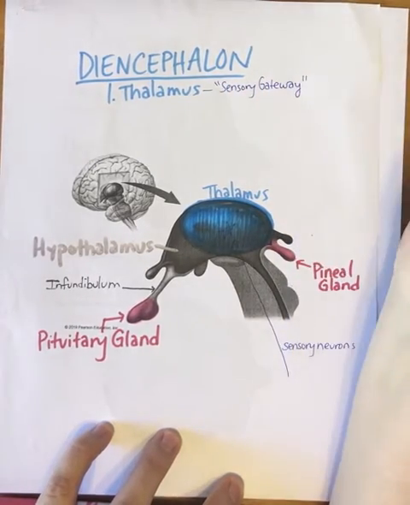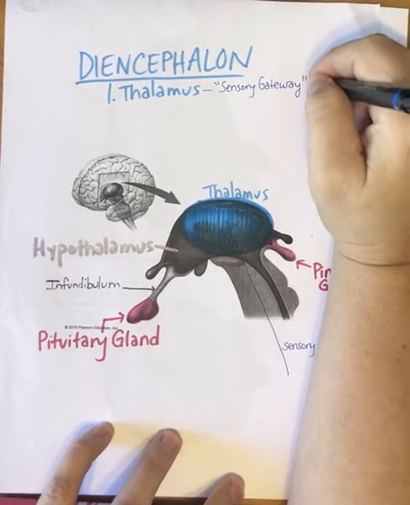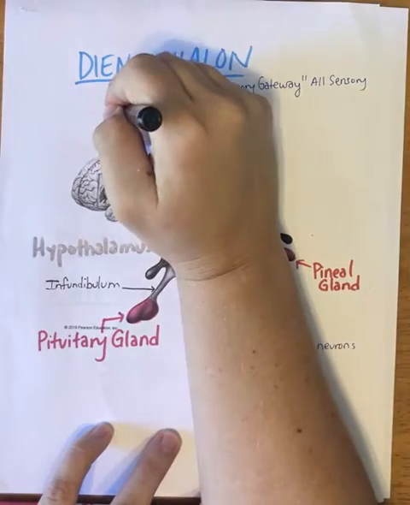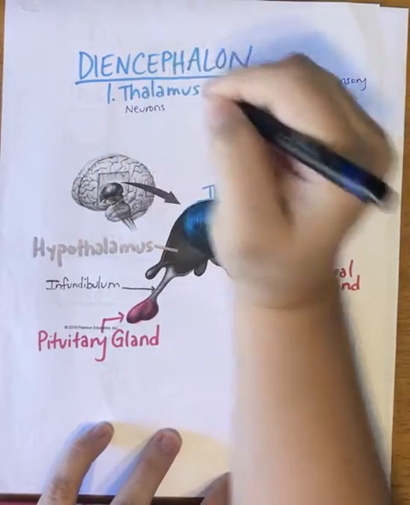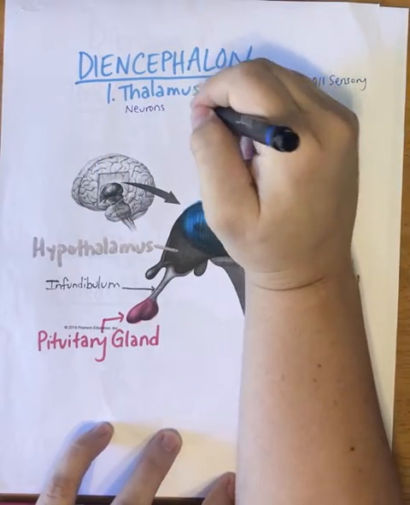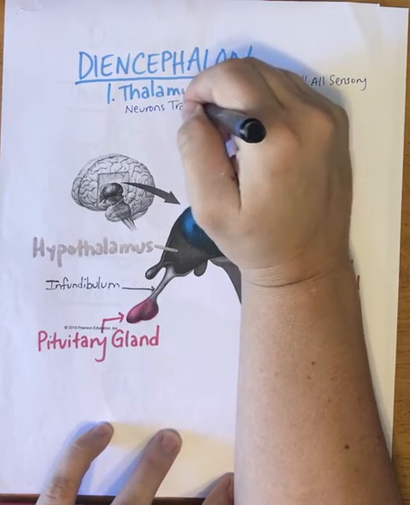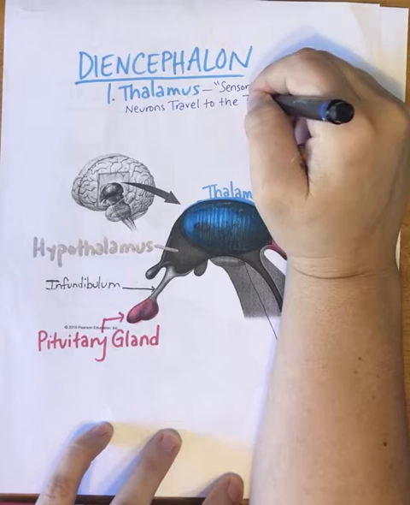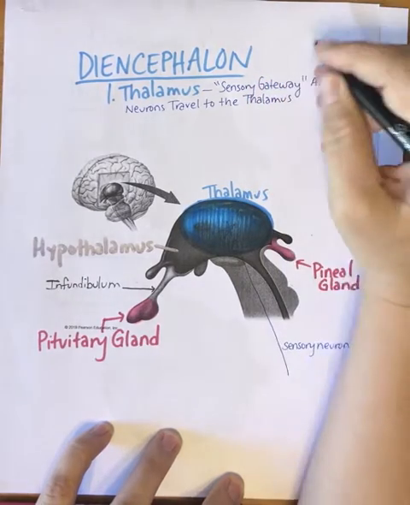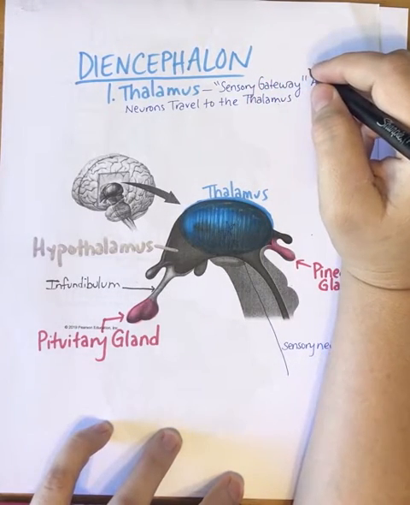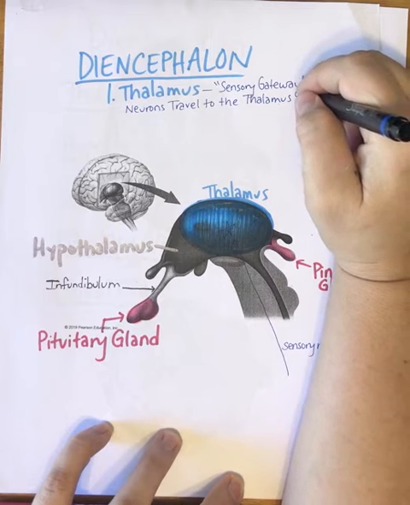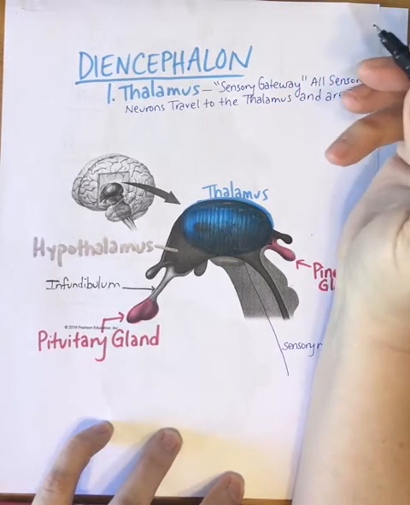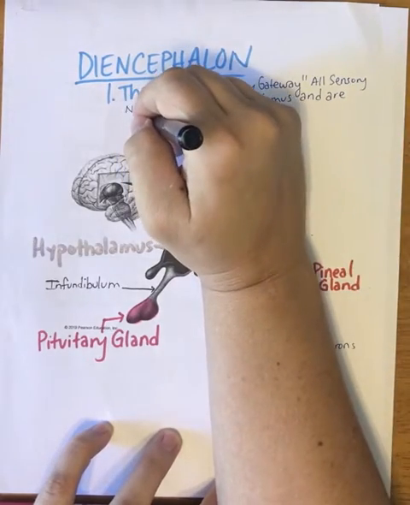What we mean by that is all sensory neurons travel to the thalamus and are interpreted.